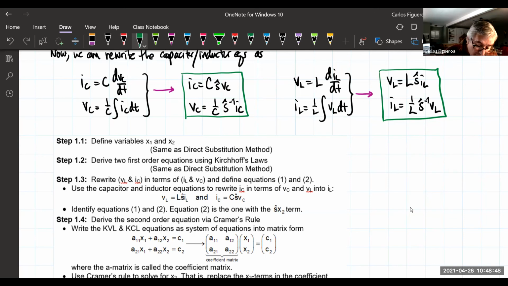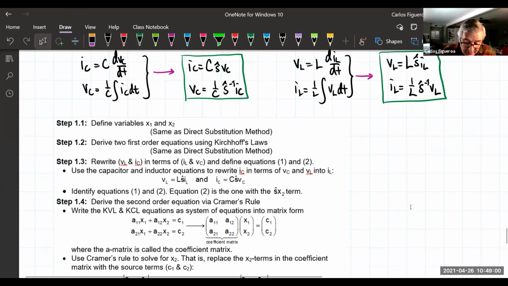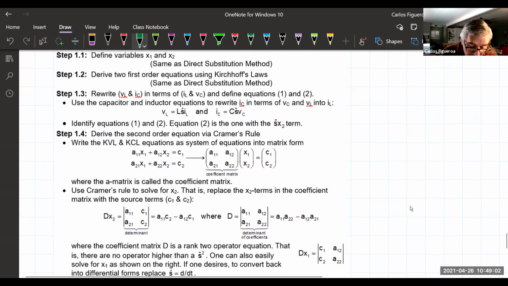Now we have to convert our two first order differential equations into algebraic equations in s hat. Once I've turned them into algebra equations, I then use Kramer's method of solving a 2x2 matrix.